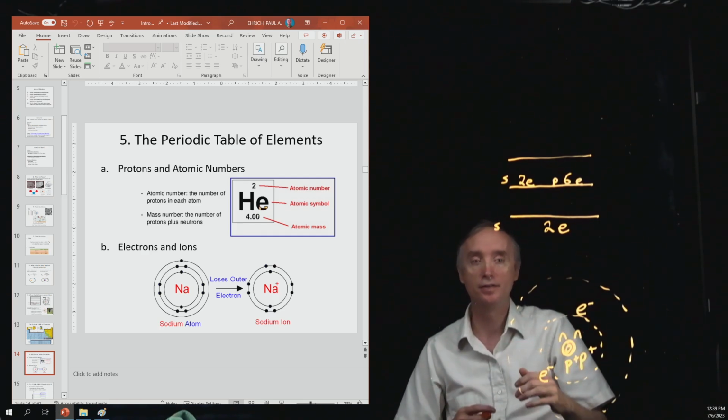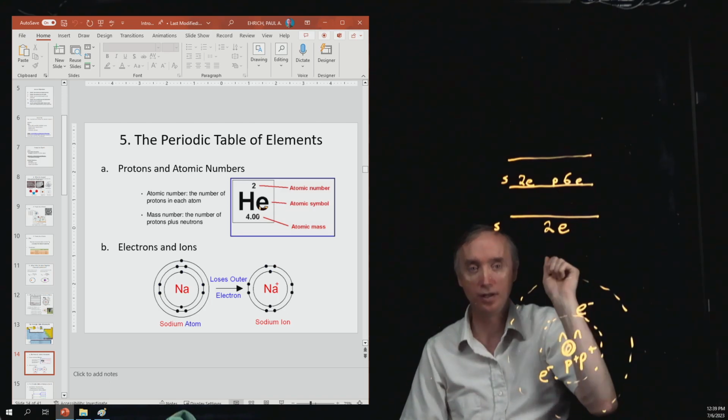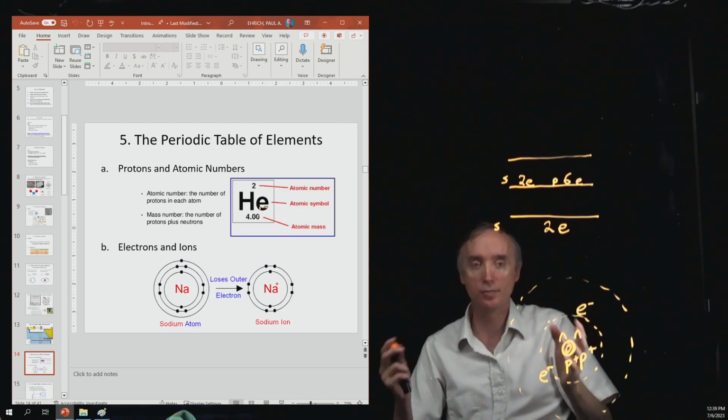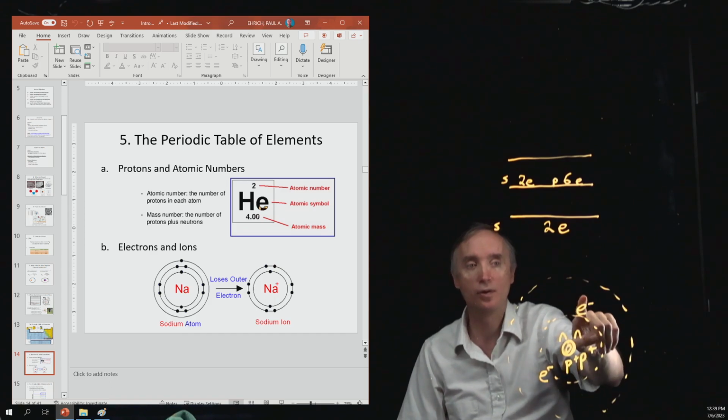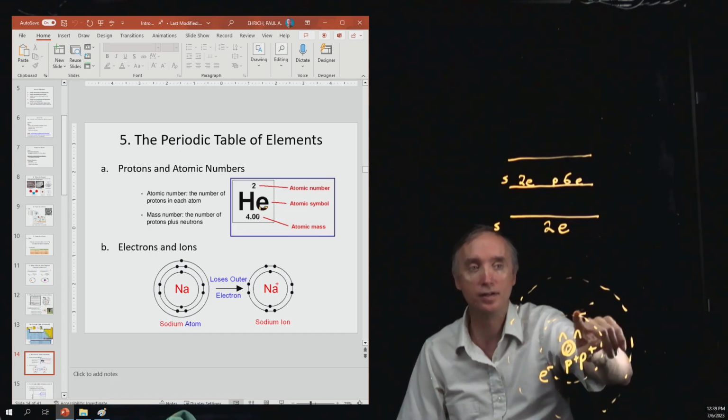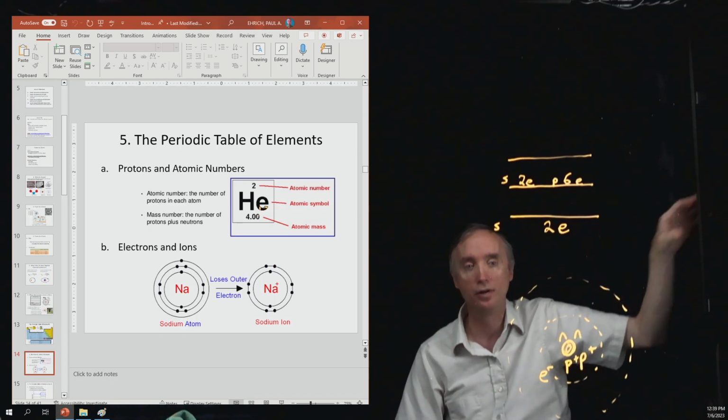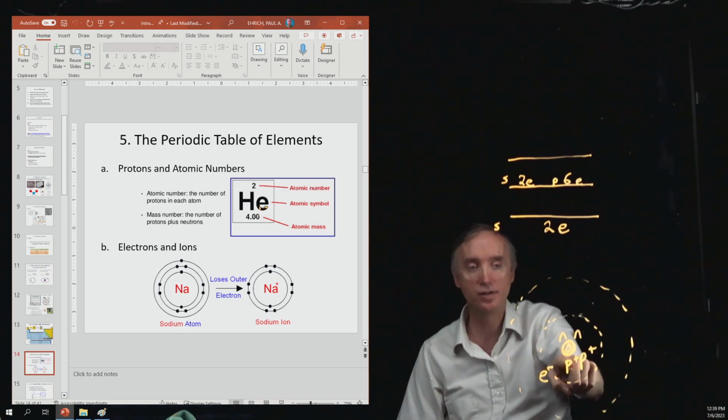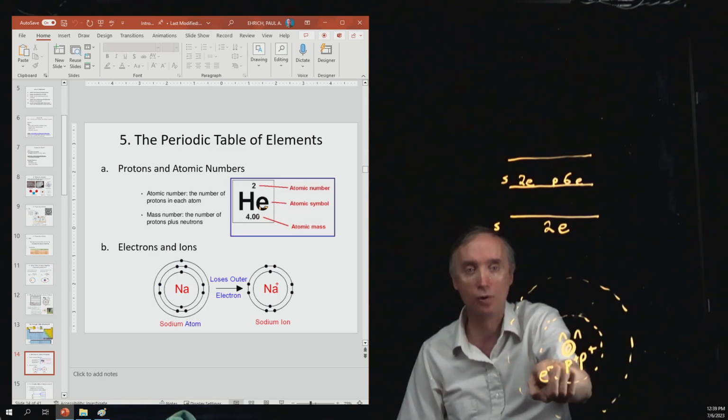Now let's say that you heat it, or you hit it, or you do something chemically to it so that one of these electrons is knocked out. So that electron goes flying away. What have you got? Well, it's still positive 2, but now it's negative 1.